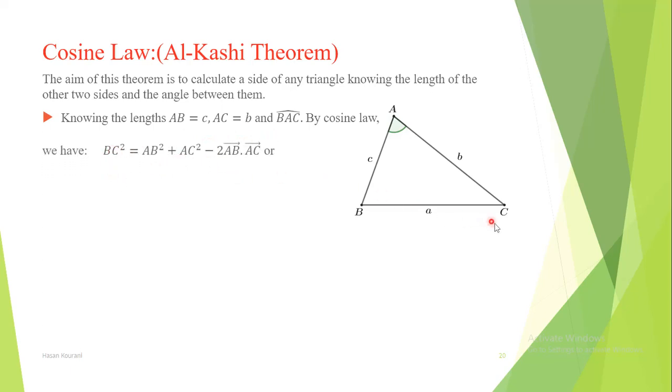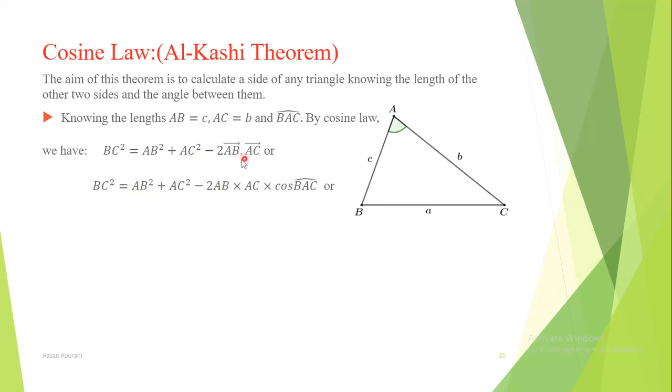BC square equals square of AB plus square of AC minus 2 AB dot AC. This is a rule, and it has another form by using the geometric definition: BC square equals AB square plus AC square minus 2 multiplied by this scalar.